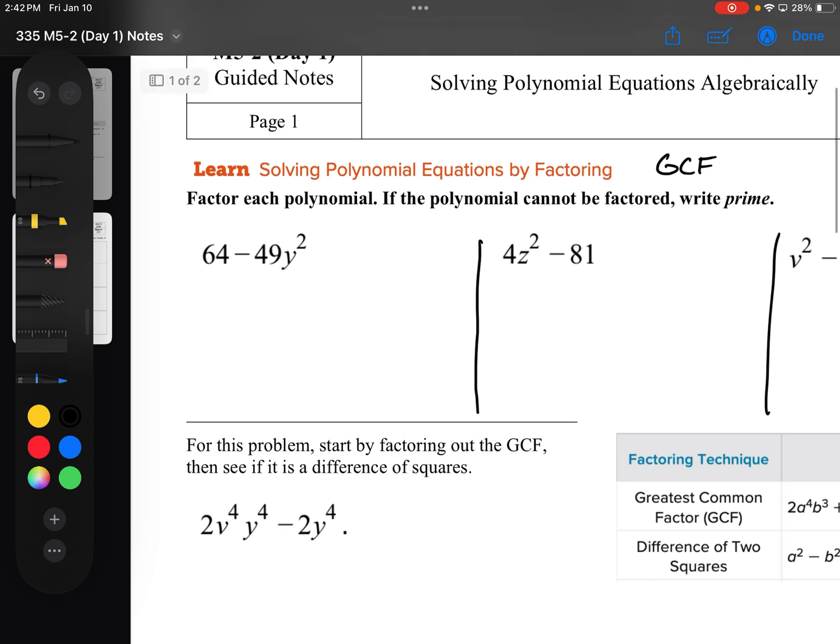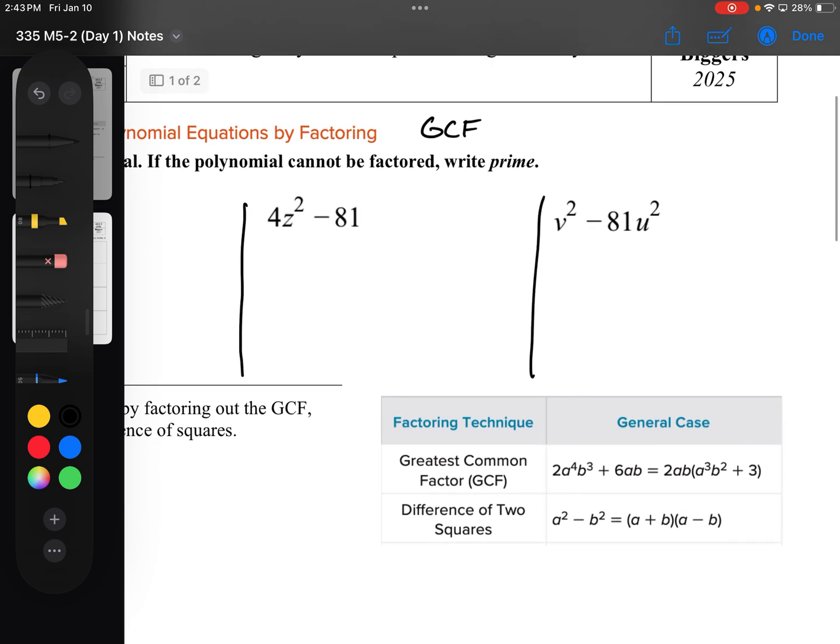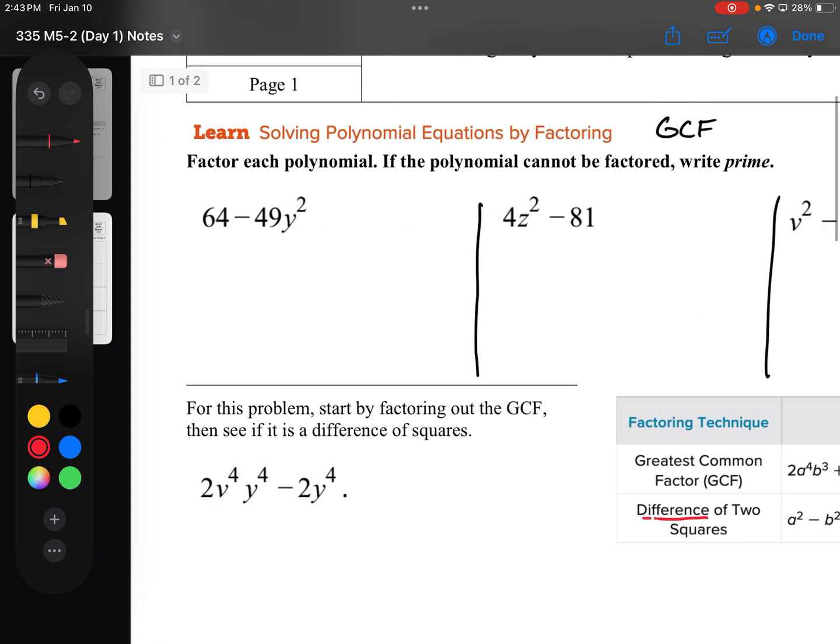So what you want to look for here is what's called a difference of two squares. Remember, difference means you're subtracting two things, and squares are something that could be something times itself, okay? So if you're up here, 64 is a perfect square.